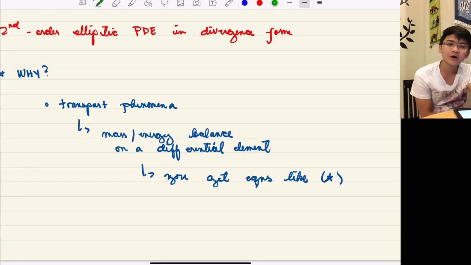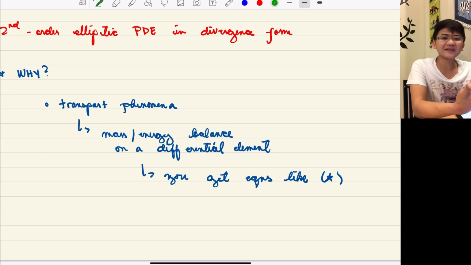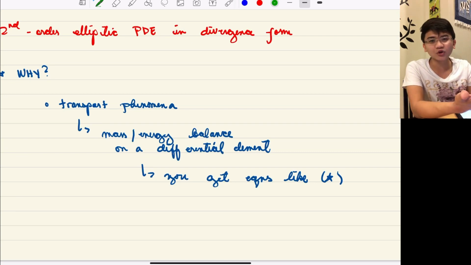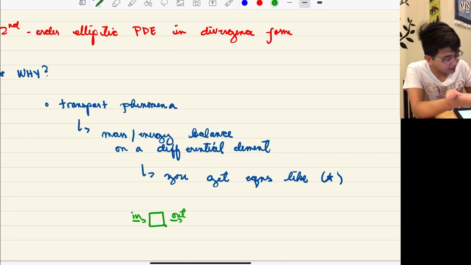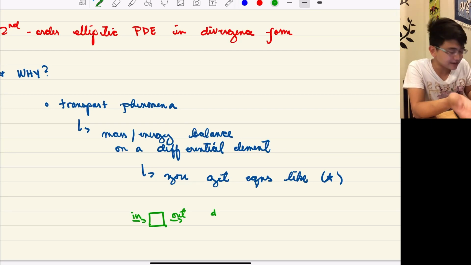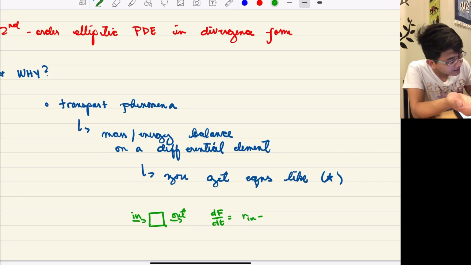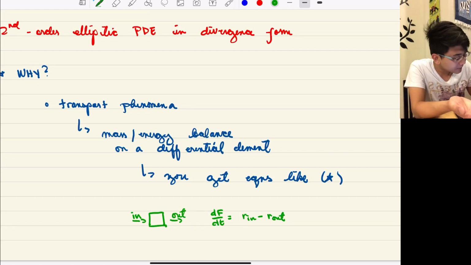It depends on the geometry of the system, what is most convenient to look into. But usually it's going to be some kind of a cube. What you do is like an accounting thing. You account for things going inside, you account for things going outside, and you look at some kind of balance equation: the rate of accumulation of some quantity, let's say f, in time is going to be equal to the rate going in minus the rate going out, plus some accumulation terms.